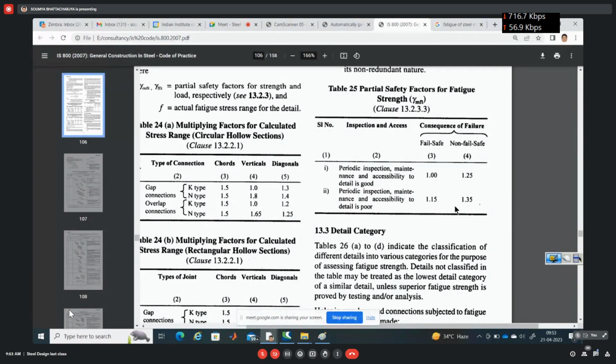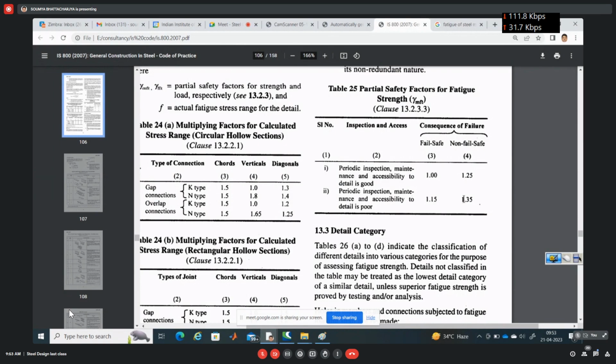So right from the initiation of the fatigue crack, your gantry girder is not going to fail. It will take some time to propagate the crack, and once a number of intermediate welds get damaged, then it will fail. So whenever I see that there are large jerks or sounds during crane operation, we can go for checking and we can rectify the welding.